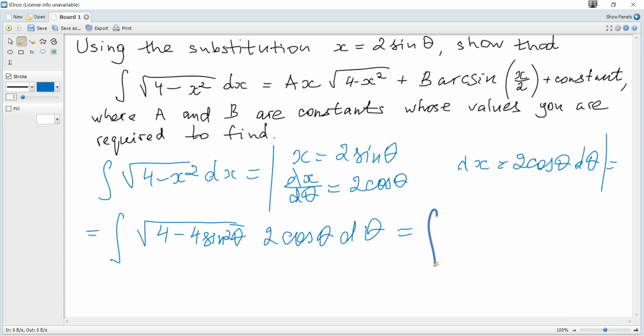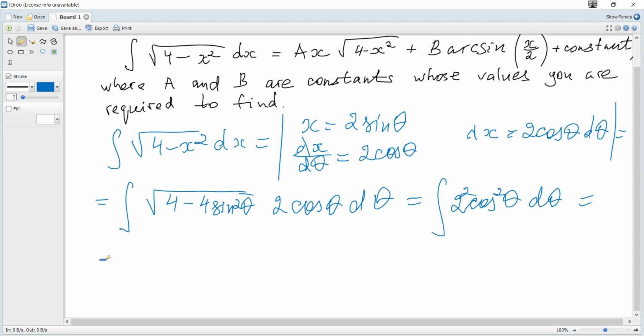We can factor out 4 here, but since it's a square root it becomes 2, so it's 2 and a root of 1 minus sine squared, which is cosine squared, and the root is just cosine of theta, multiplied by 2 cosine of theta, so it becomes 2 squared cosine squared d theta, and it becomes 4.